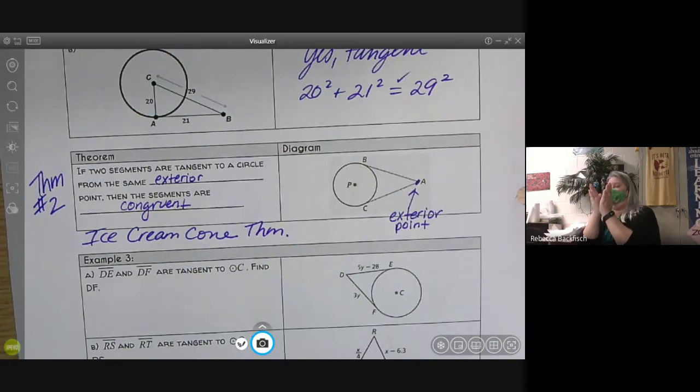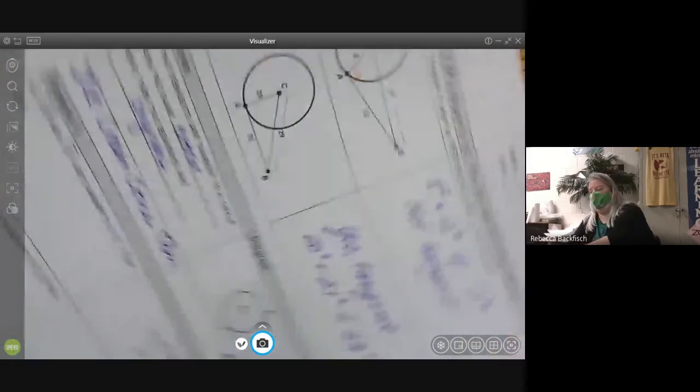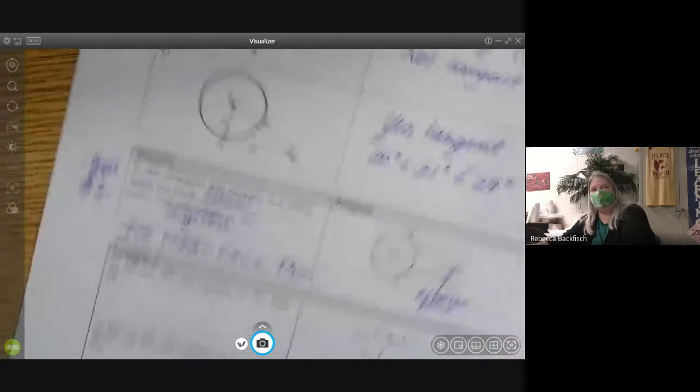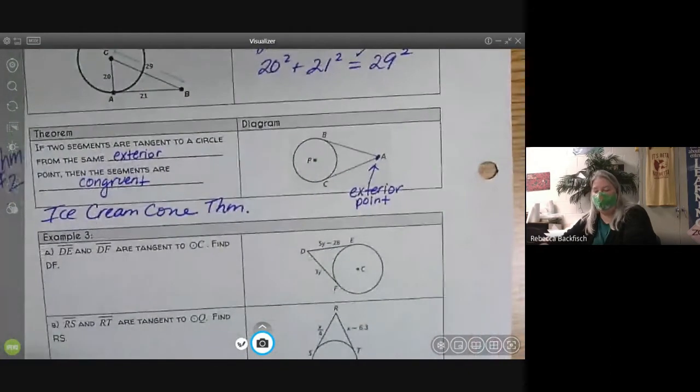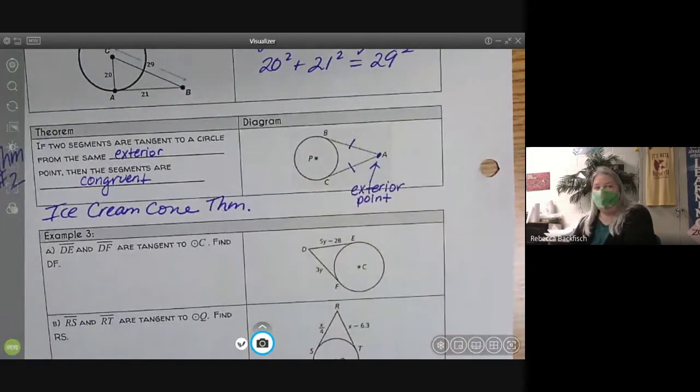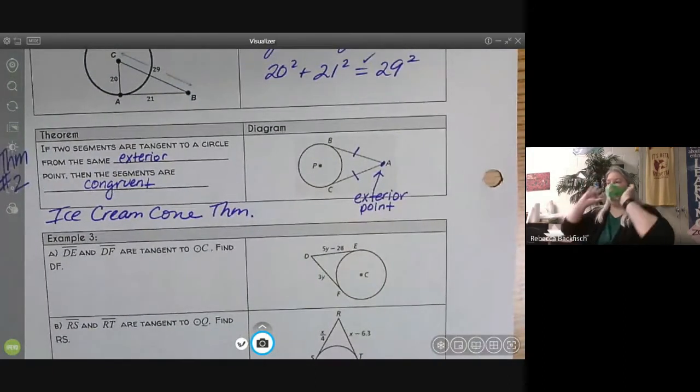So that's why it looks kind of like an ice cream cone turned sideways. Here's my ice cream cone. Okay. So yes, these two tangent segments will always be congruent. Any two tangents to the same circle that meet at a point outside the circle are going to be congruent.